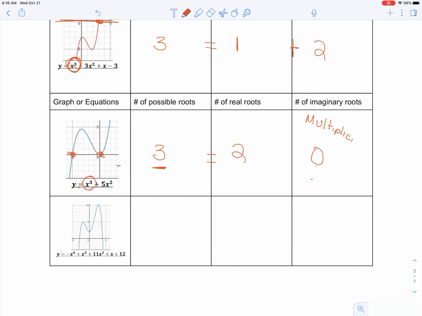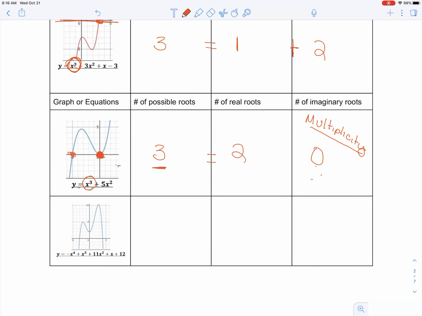This has something we call multiplicity, meaning one of its roots occurs twice, and the root that occurs twice is this one because it bounces off the graph. We're going to talk about this more in the coming days, but just know that this root is exhibiting multiplicity.